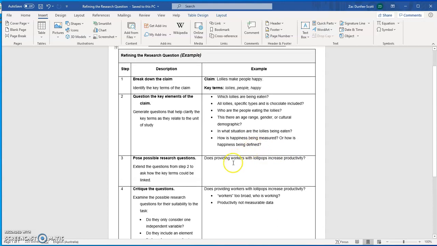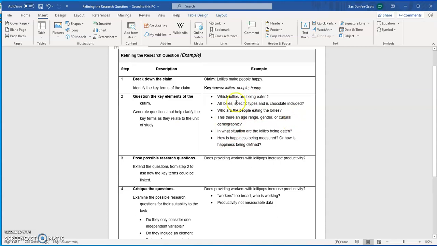So what we've done here, as you can see, is take this claim, break down the key terms, and write about these questions to help refine this, and now we've thought about the answers for all of them. We've probably done a bit of research about which answers to go with.